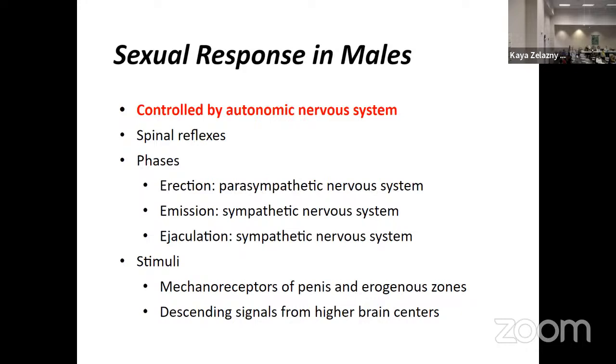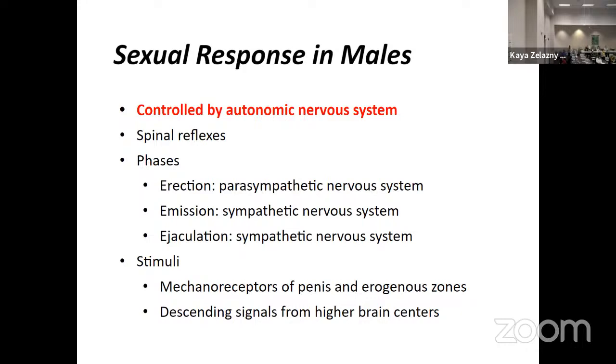When we think about the sexual response in males, I tend to think more about two phases, but we'll name all three. Think of the middle one as a transition point. Okay. So first we're going to think about erection. So we're moving from a flaccid penis to one that's erect, standing upright, swollen with blood. In emission, think about all our glands adding in their fluids.